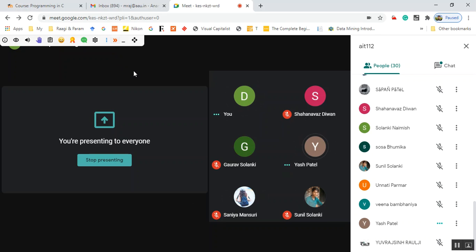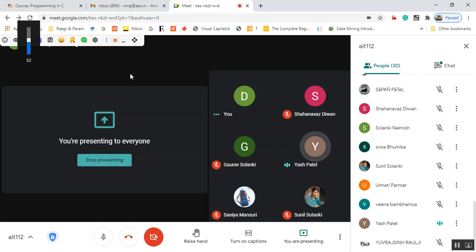Yes, sir. A computer receives data through input, then after processing the data, it gives back an output.